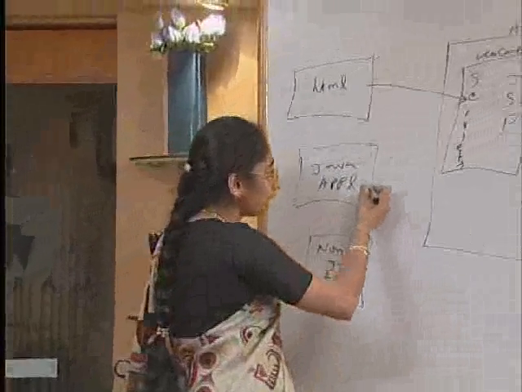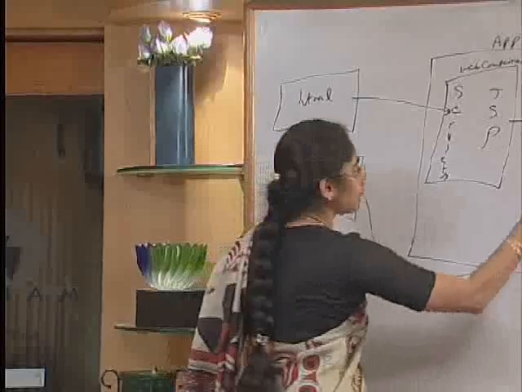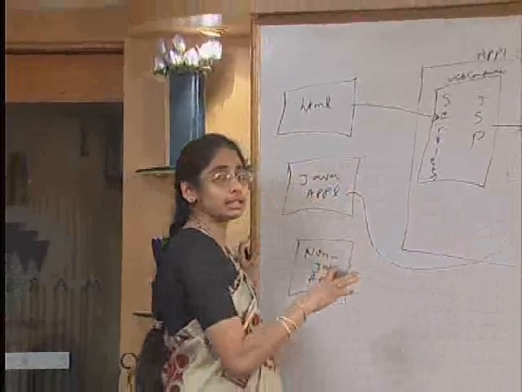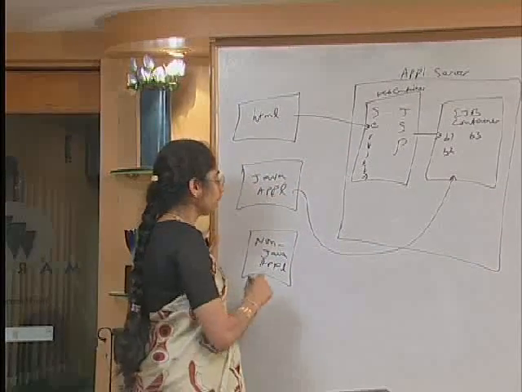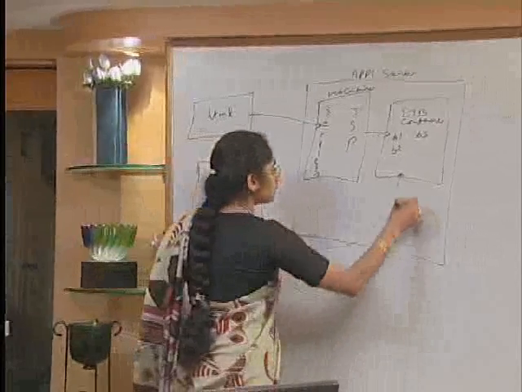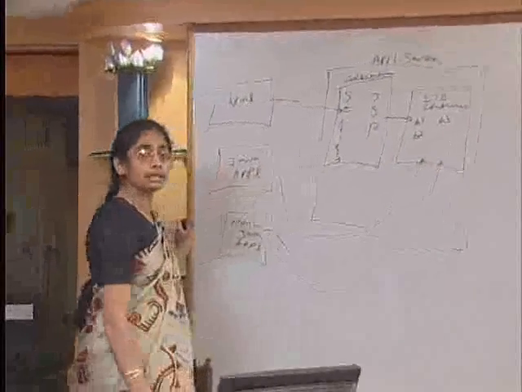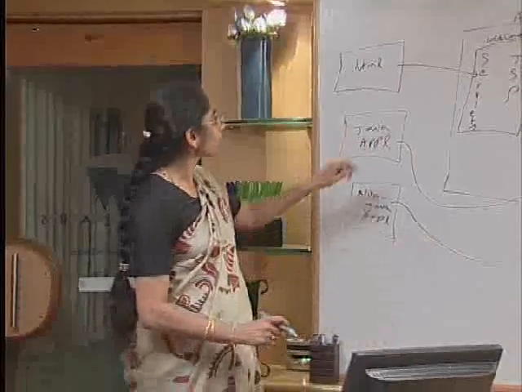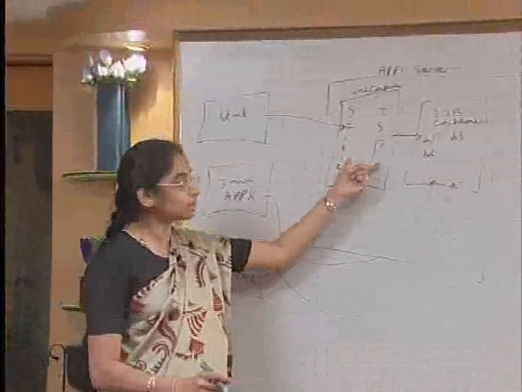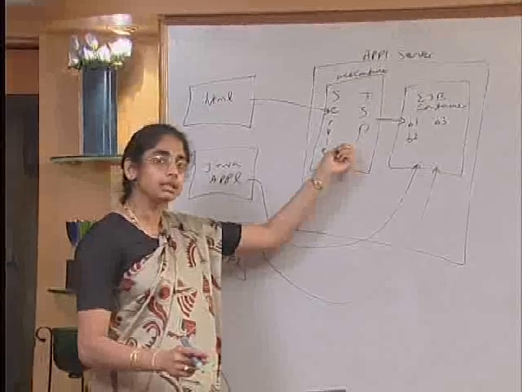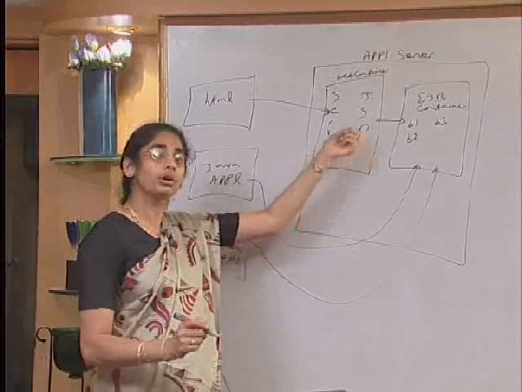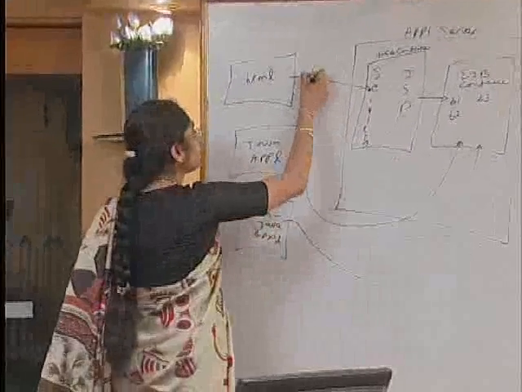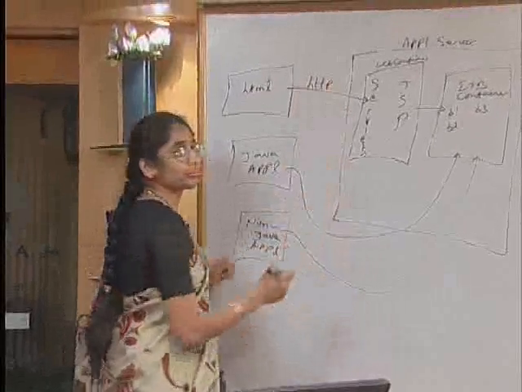The Java application of course can directly talk to the EJB container, and the non-Java application can also call enterprise beans. Now, if you look at this scenario, you have an HTML client talking to a servlet or JSP. What is the protocol that it uses to call a JSP or a servlet? It is the HTTP protocol.